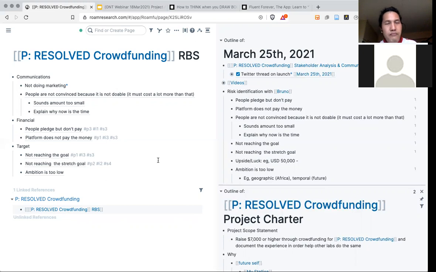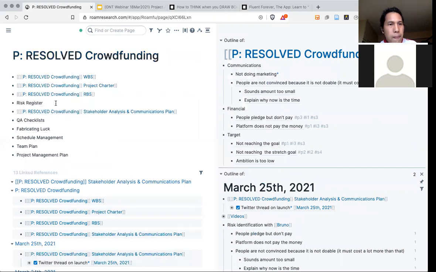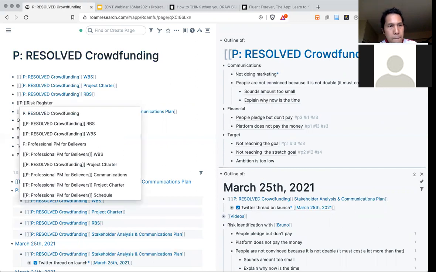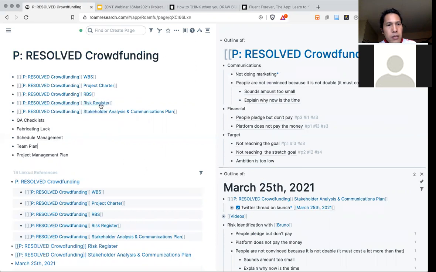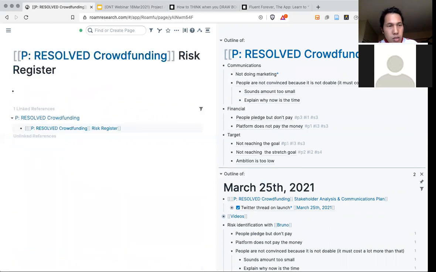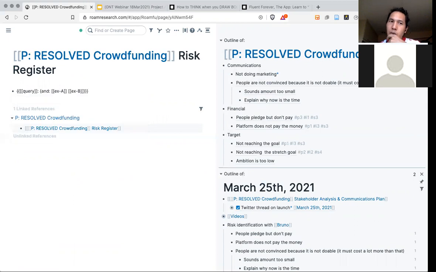So now we want to do a risk register. Let me just create a risk register here and place this in the sidebar. This one is essentially an AND query.